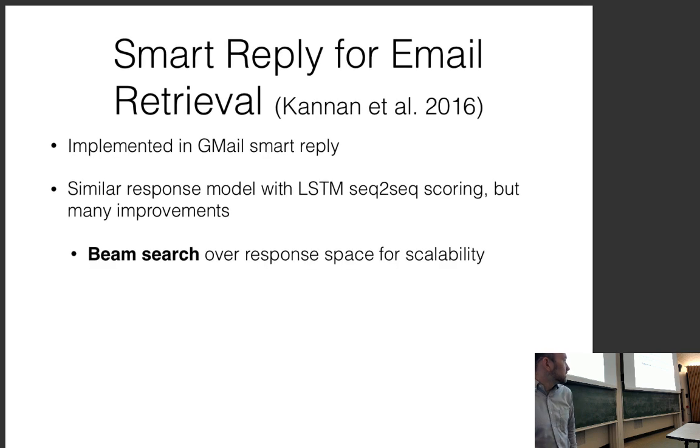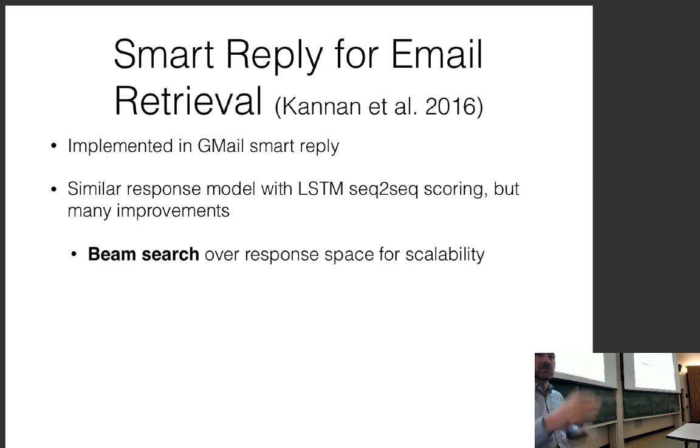So what they do is they essentially do beam search over the response space, but the beam search is limited to only things that actually exist in your database. What you can do is build a big trie. People know what tries are, right, from your data structures course. It's basically a tree that encodes all of the prefixes that you can have.